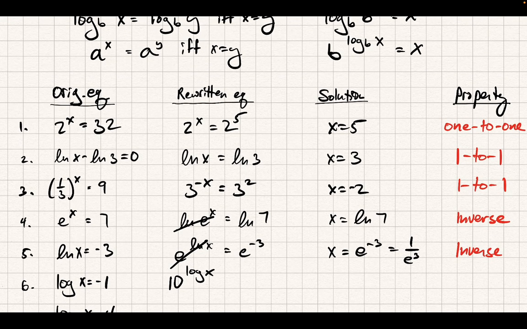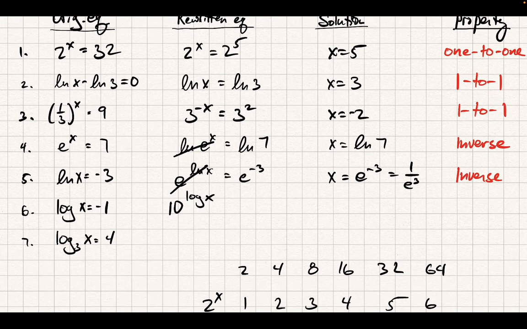And then 10 to the negative 1. And so what do I do as the next step? You cross out 10 to the log, and it's x equals 10 to the negative 1, or 1 over 10. What property did I use? Inverse. I know that because I crossed something out.